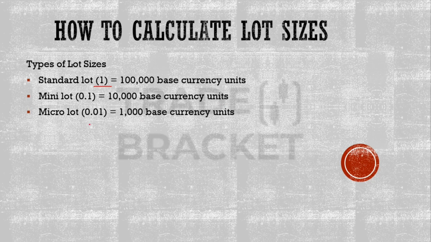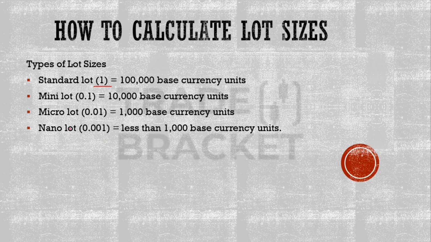We also have the micro lot, which is 0.01, equal to 1,000 base currency units. Lastly we have the nano lot, which is 0.001, and this is less than 1,000 base currency units.